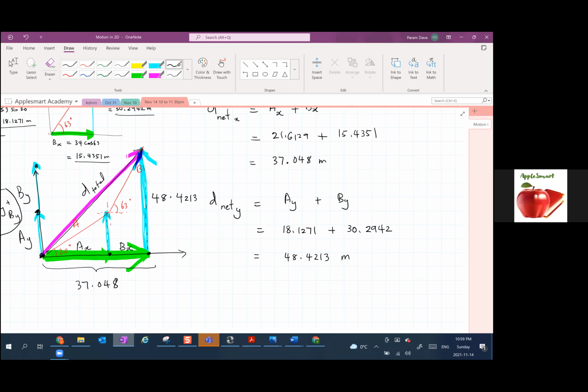Now you can use Pythagorean. So you can think of this as a right triangle, A, B, C. Have you guys done the Pythagorean theorem? Can I see a thumbs up if you have? Thank you, JD. A couple more people.